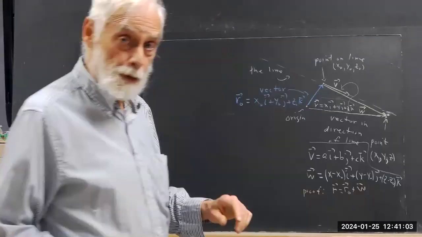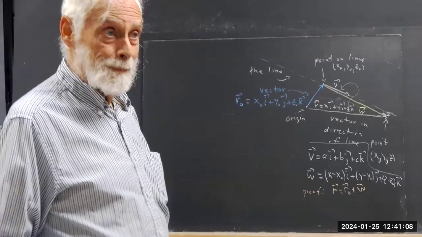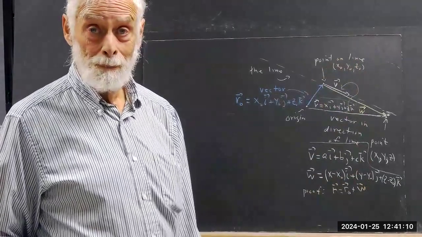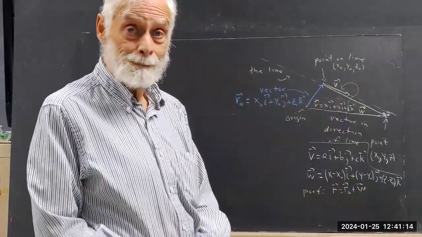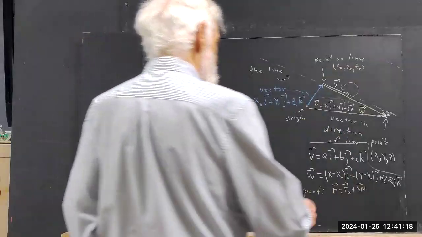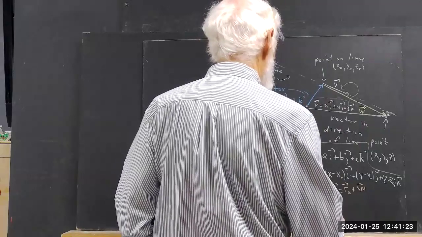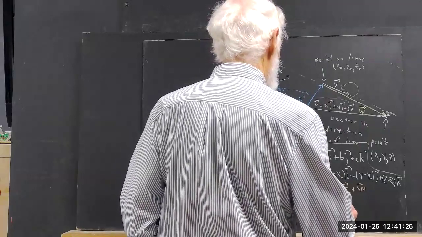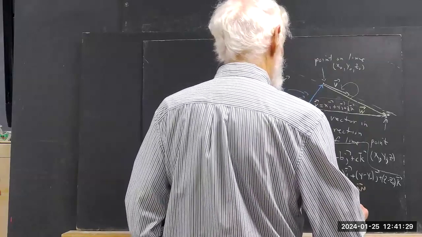Okay. Now, if you just write out what that means, you just write out the details. R is xi plus yj plus zk. Well, I'll write it out, but I say you should write it out, I honestly won't, because you probably know.